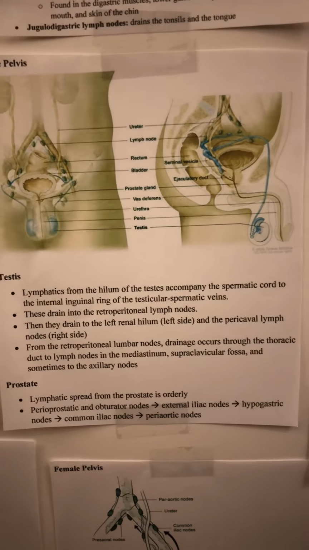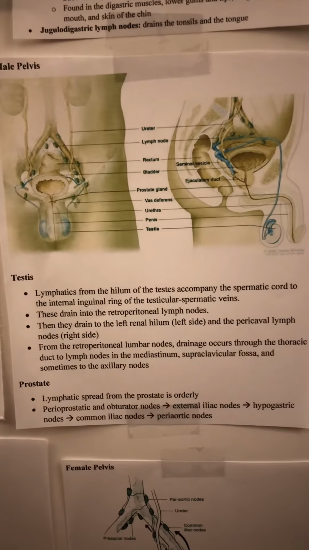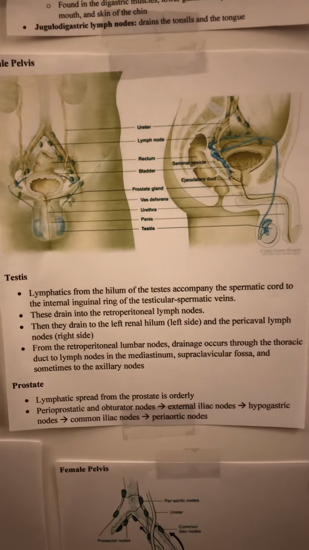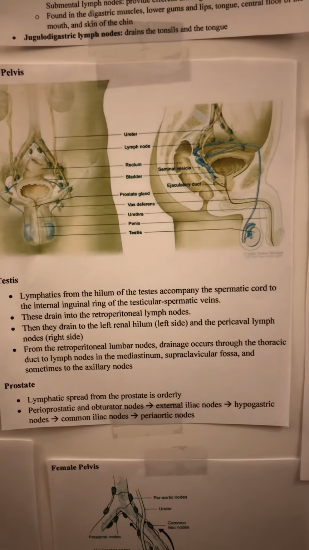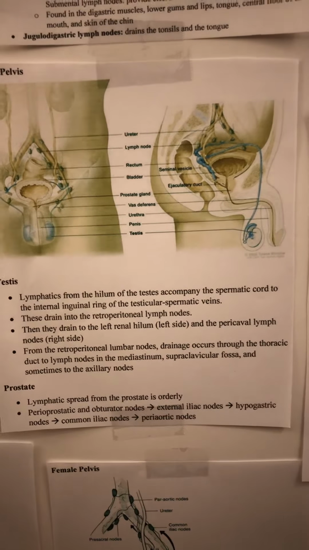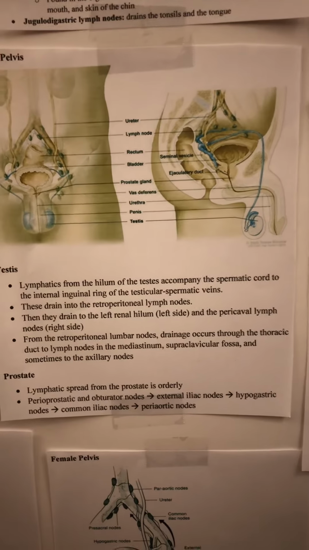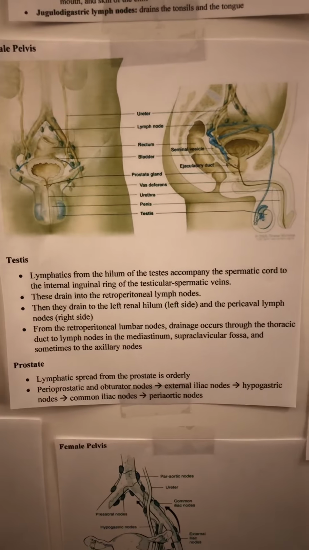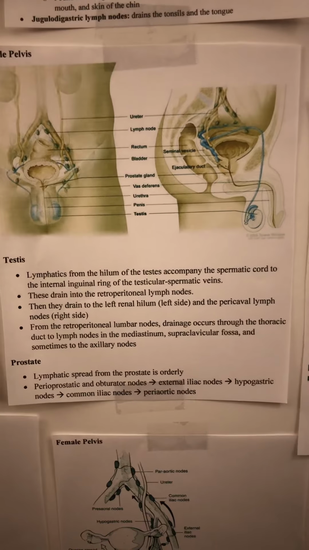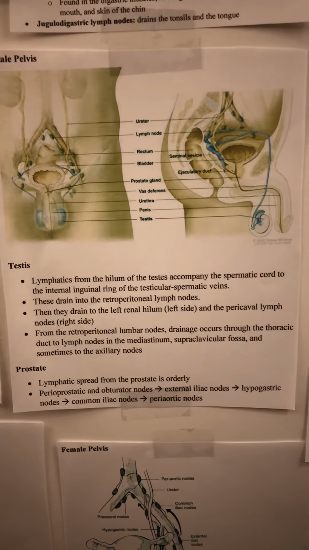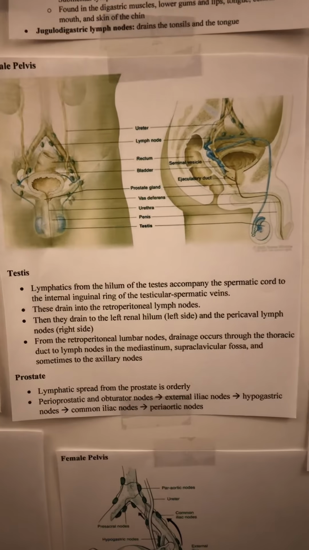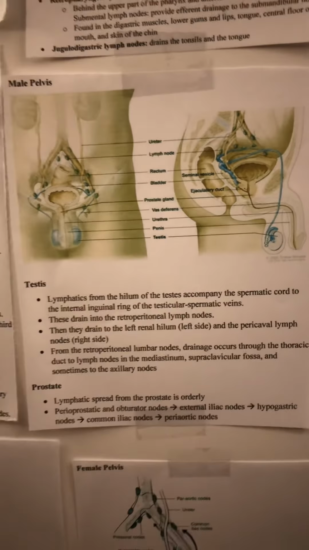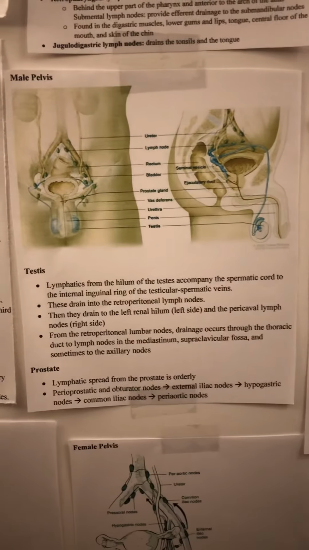And then the left and right side drain differently. The left side drains to the left renal hilum, and the right side drains to the pericaval lymph nodes. And then from the retroperitoneal lumbar nodes, drainage occurs through the thoracic duct to the lymph nodes in the mediastinum, supraclavicular fossa, and sometimes to the axillary nodes. So that's how that can metastasize far away.